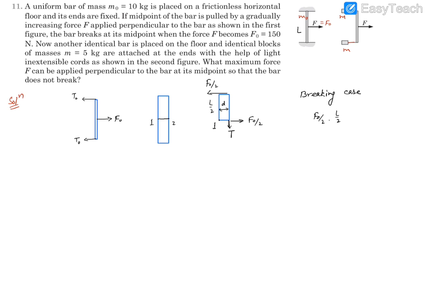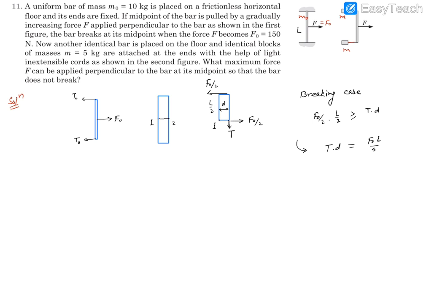If this torque is greater than or equal to this T into d, the torque in this direction, so this torque is trying to retain the shape, whereas this is going to break it. So that is the breaking case. Limiting case, or just break case, we can write it as the strength T into d should be equal to F naught L by 4.